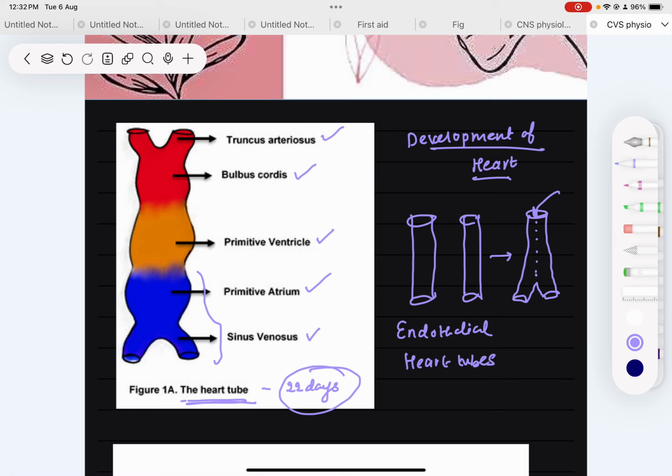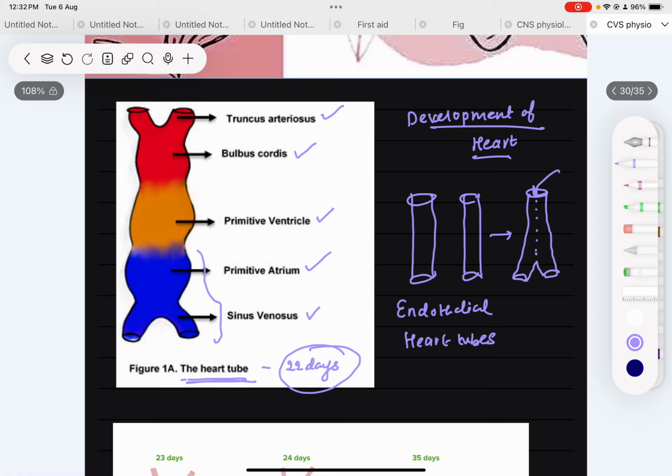So it will be totally opposite from our outflow tract. You can remember from downward: sinus venosus, primitive atrium, primitive ventricle, then bulbus cordis, and then truncus arteriosus.